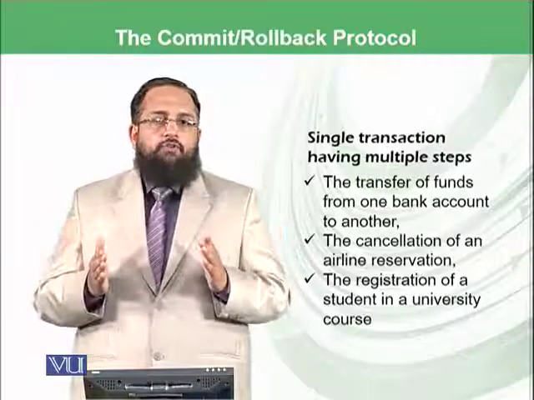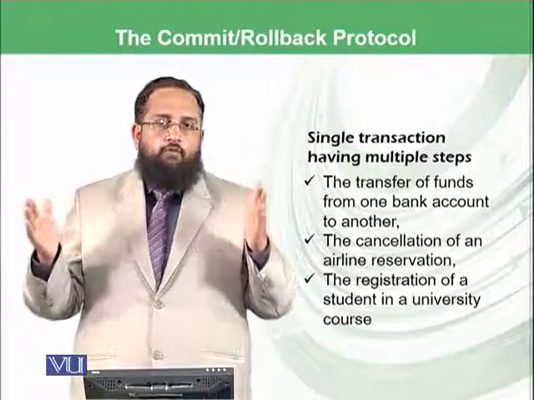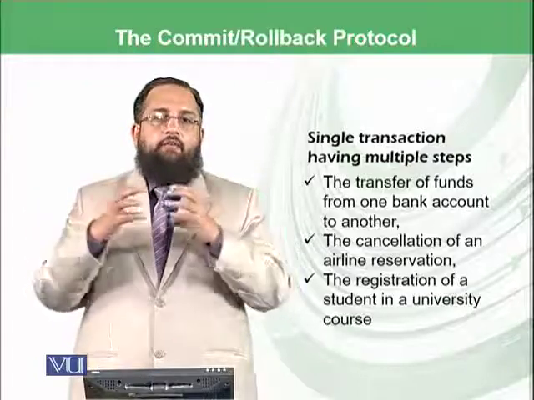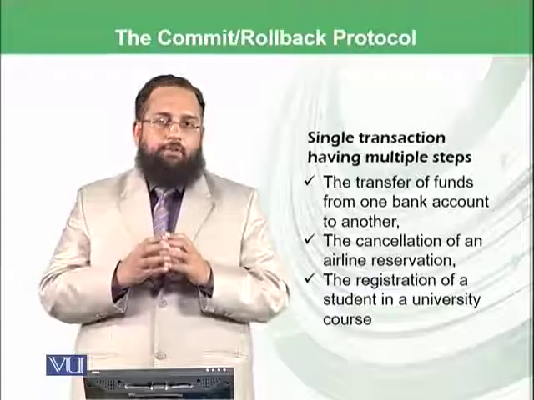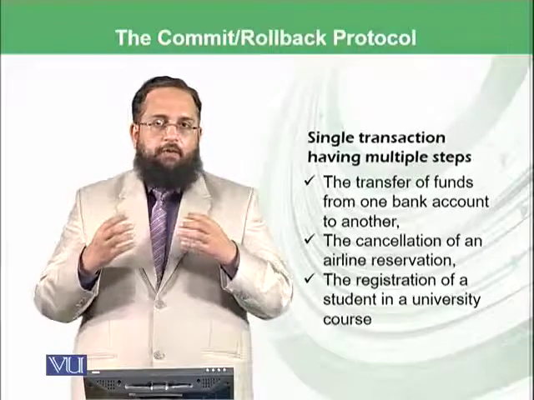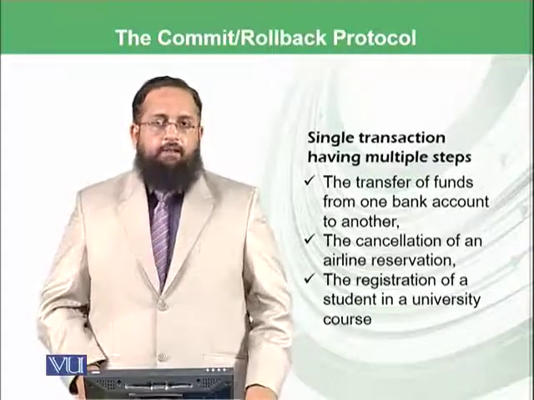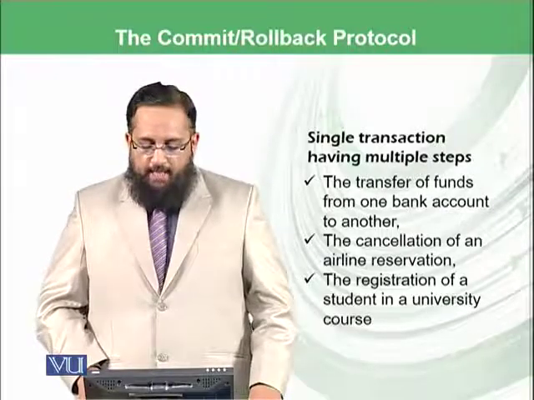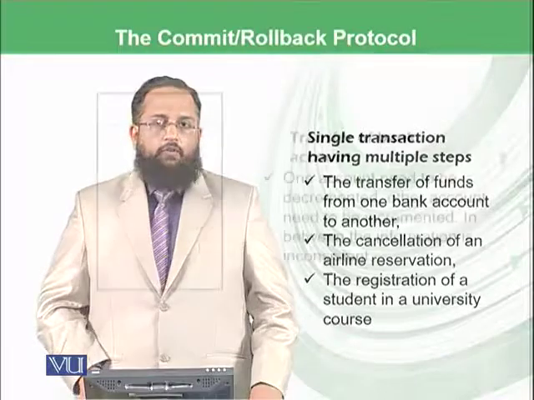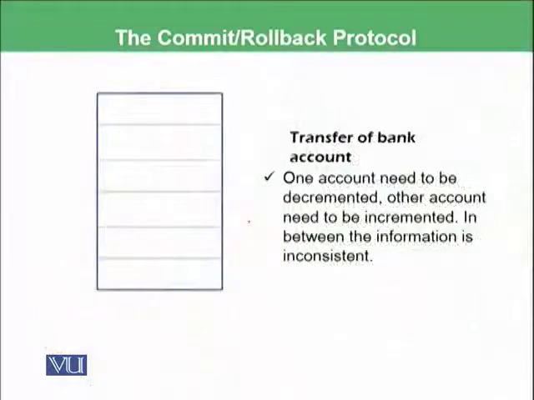So how will you make sure that all of those 3-4 instructions which make only one transaction have completely been executed? This is basically the role of the commit and rollback protocol which we are discussing, and then the registration of a student in a university course. So let's see the example in a little bit more detail.